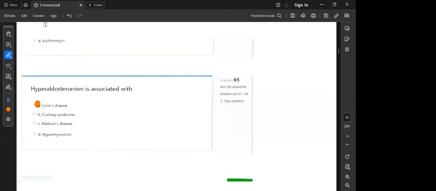And Addison's disease. Tell me the treatment for this. I don't know. Treatment for Cushing syndrome. Okay, so what's the treatment for Cushing syndrome? Mifepristone. What class is that? Yeah, it's a glucocorticoid receptor blocker.